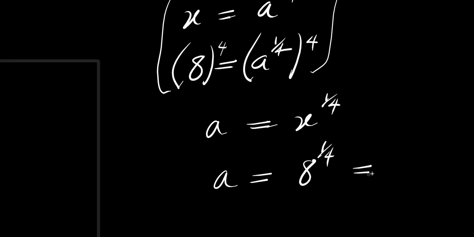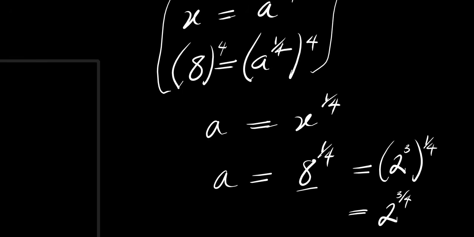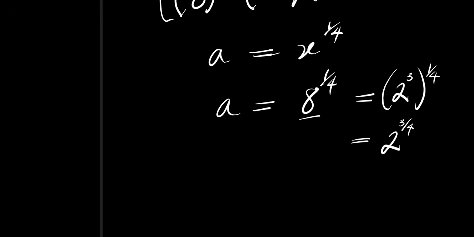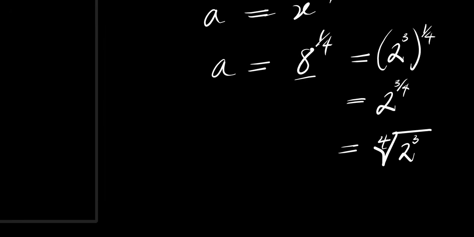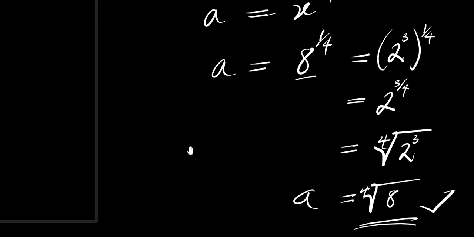And this simply means 8 is 2 power 3, that is 2 power 3 to the power 1 over 4. This gives us 2 power 3 over 4. So we can also express this as the fourth root of 2 power 3, which is the fourth root of 8. This becomes our value for a using this particular method.